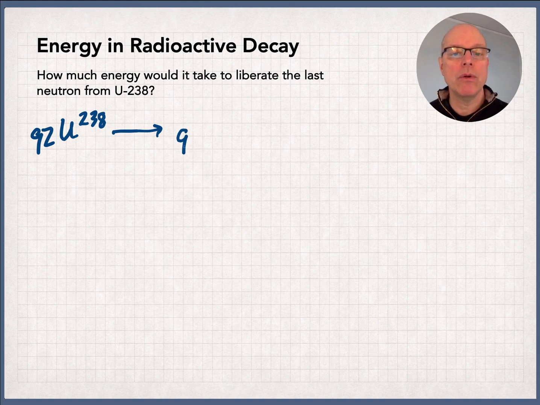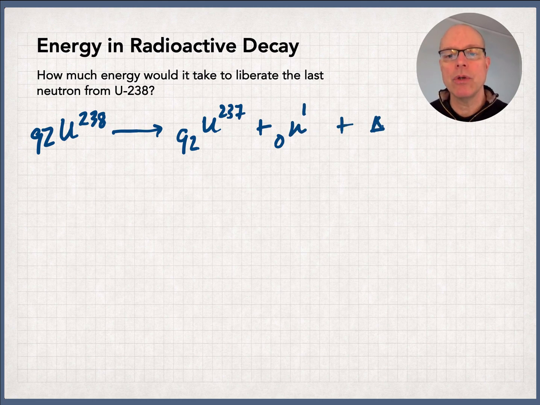If we take away a neutron, what we've done is create an isotope of U-237. And then we'll have, as spare parts lying around, one neutron. And then, as I always do, I put down delta M. So go to Appendix B, write down all the masses like I'm going to do.